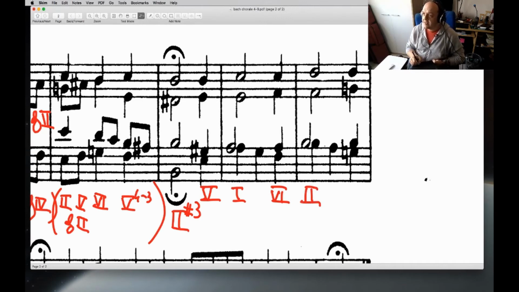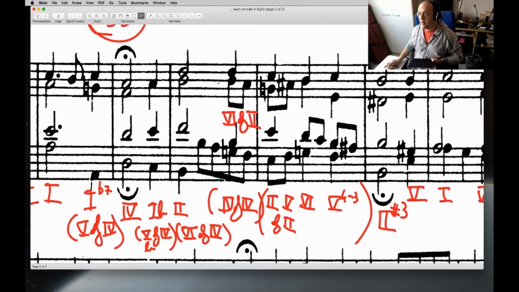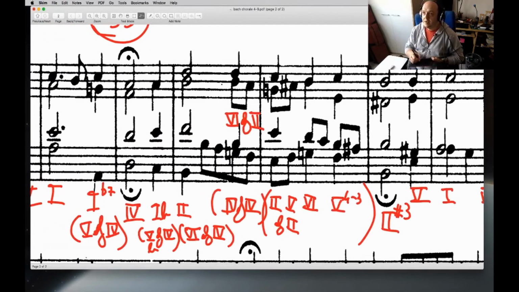But this is now, that's chord 7 from the minor. 7 from the minor. By the way, here, this G, 7 from the minor, and also that 7 from the minor, you see, in relation to the home key.